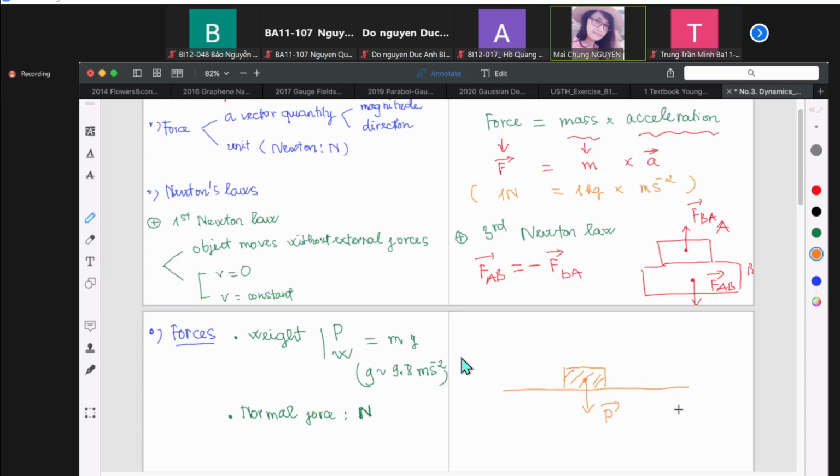In this case, the table acts on the object, right? So the force comes from the table acting on the object. We have the normal force. In this case, the normal force has the magnitude equal to the weight, right?